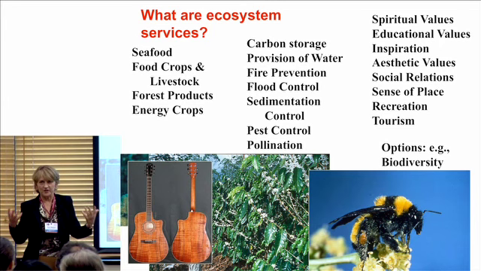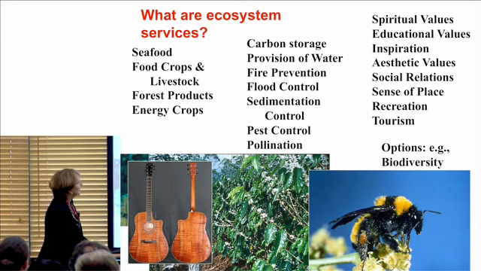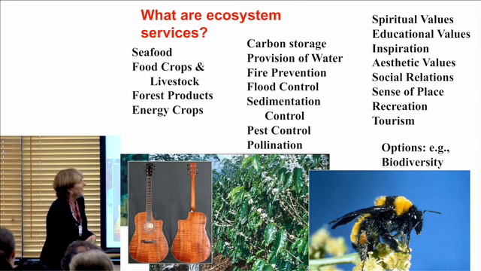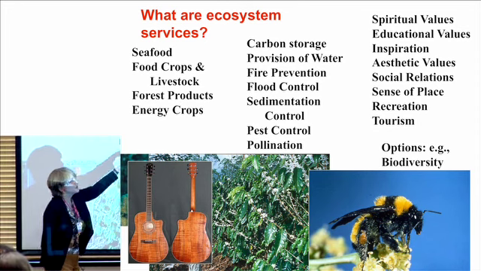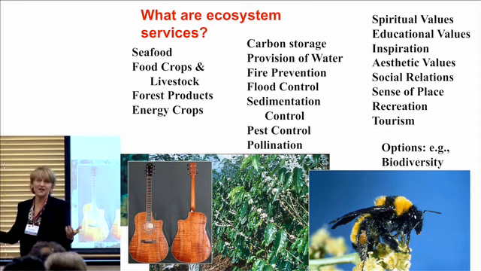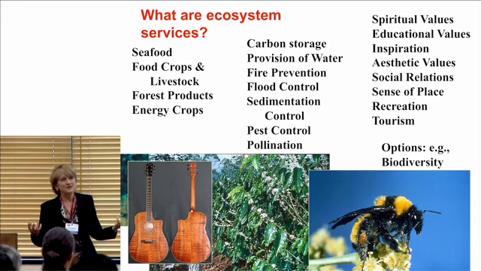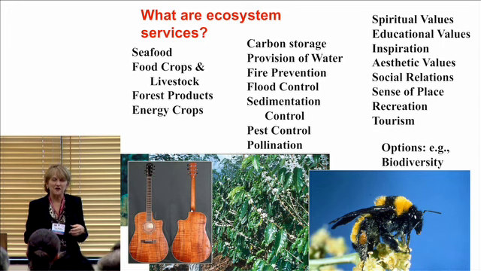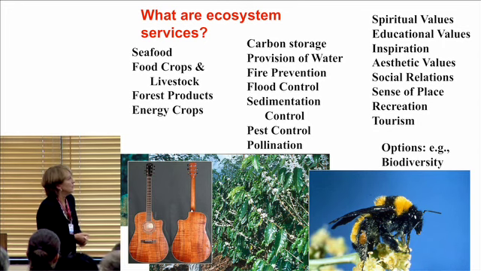Or we get watershed services, fresh water. We get flood control or sediment control, things like that. And then we get a whole bunch of other services that we just take for granted. Places that we go for recreation, places that we go for inspiration, that we as humans value for that.